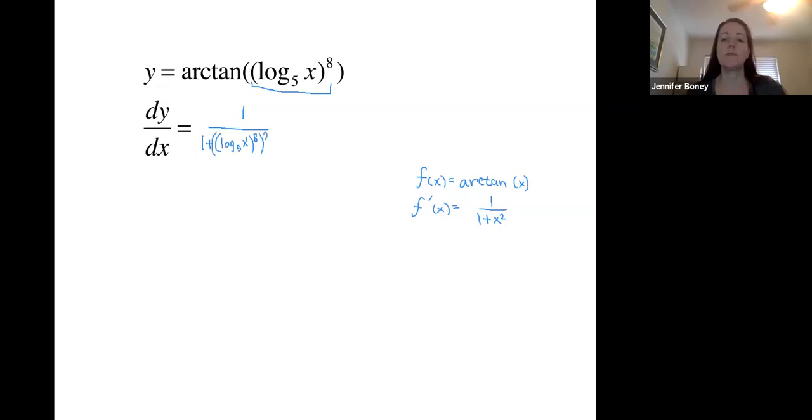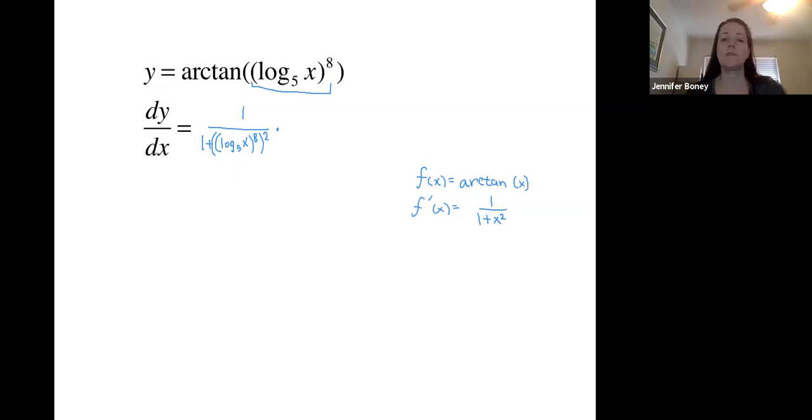And now let's deal with the fact that we haven't talked about what is inside. So let's focus on the rest of this, which is log base 5 of x to the 8th power. The next piece working in is the 8th power.